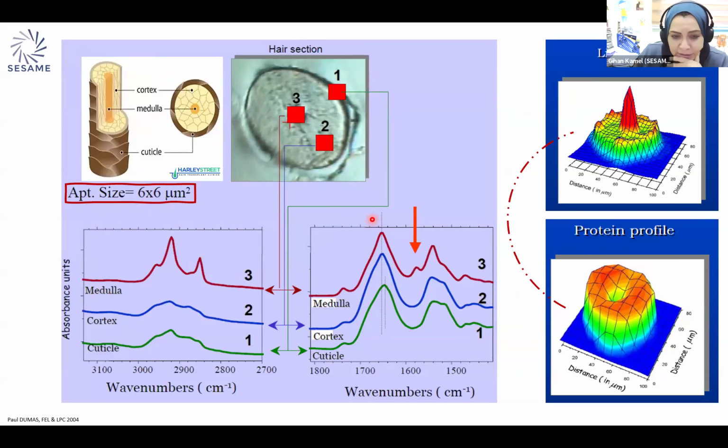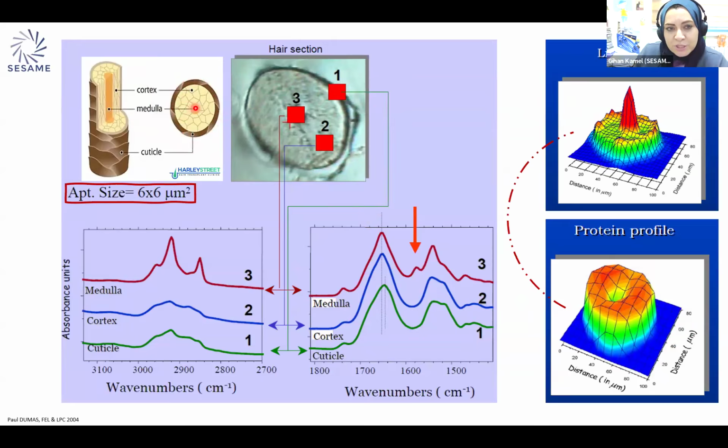And again, the sense of when you want to use synchrotron depends on what you want to see. So if we have this cross section of a hair structure, hair has 3 layers. It has the cuticle, which is the outer layer.